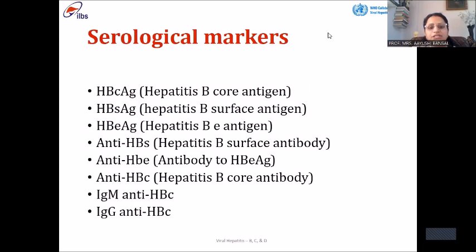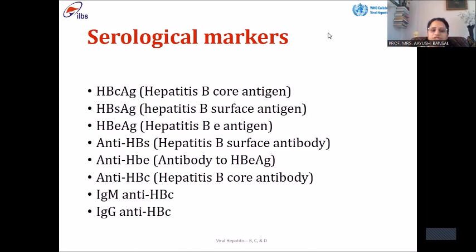Serological markers: HBcAg, HBsAg, HBeAg. These are the hepatitis core, surface, and envelope antigens. Anti-HBs, anti-HBe, anti-HBc are the antibodies in relation to these antigens. Next is IgM anti-HBc and IgG anti-HBc.